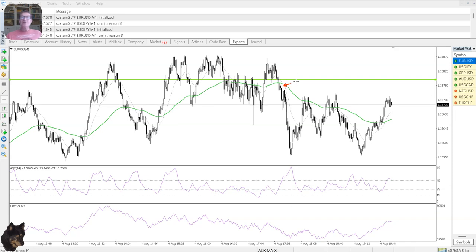The little gap that you got right here, a 2 to 1 would have meant you would have set your take profit roughly around here, more or less. Now look at the amount you would have missed, all the way up to here, because right here is where we make the close over the 20 EMA.